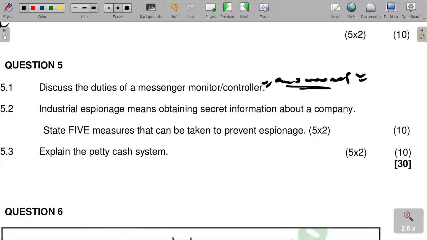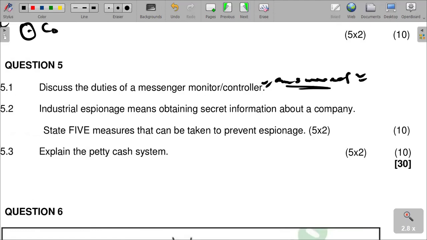So what we are saying is the secret information of an organization. Do not allow personnel to take confidential documents from the premises.